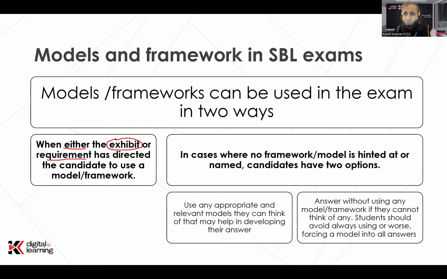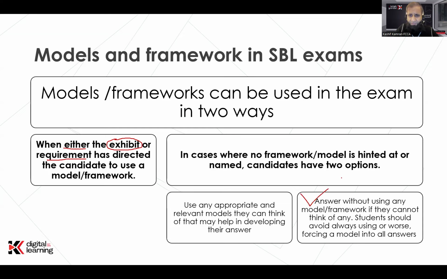Better not to use a model in the answer when no hint is given. When no hint is given either in the exhibit or requirement, I will prefer this. I will not prefer this if no hint is given.